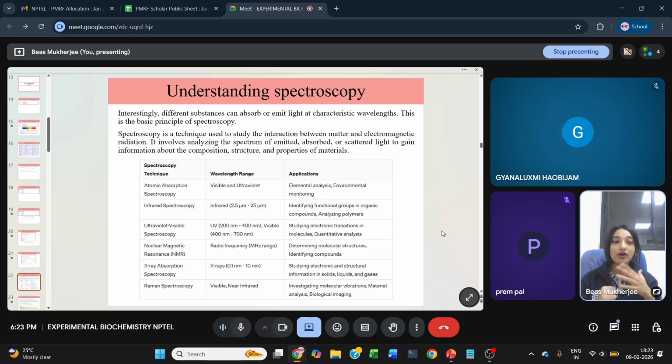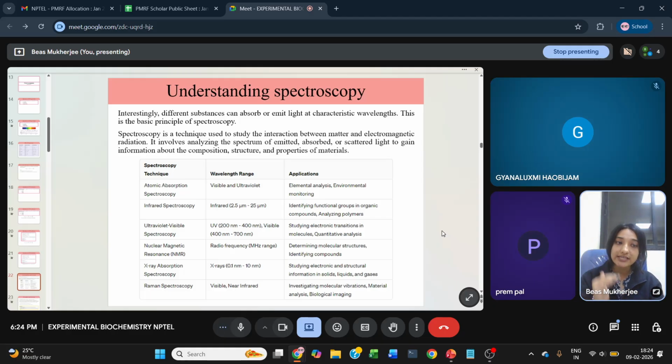That is how this particular substance gets its color. Spectroscopy is a technique used to study the interaction between matter, which is this substance, and electromagnetic radiation. This involves analyzing the spectra of the emitted, absorbed or scattered light to gain information about the composition, structure and properties of the material.